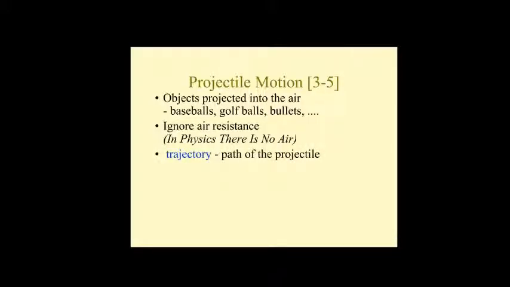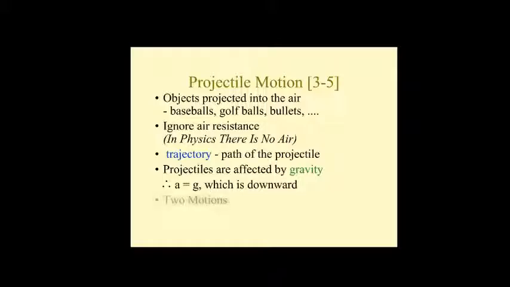The trajectory is defined as the path that the projectile follows. Projectiles are affected by gravity, obviously, because it's near Earth. Therefore, the acceleration of the object is the g value, 9.8 meters per second squared, in a downward direction.